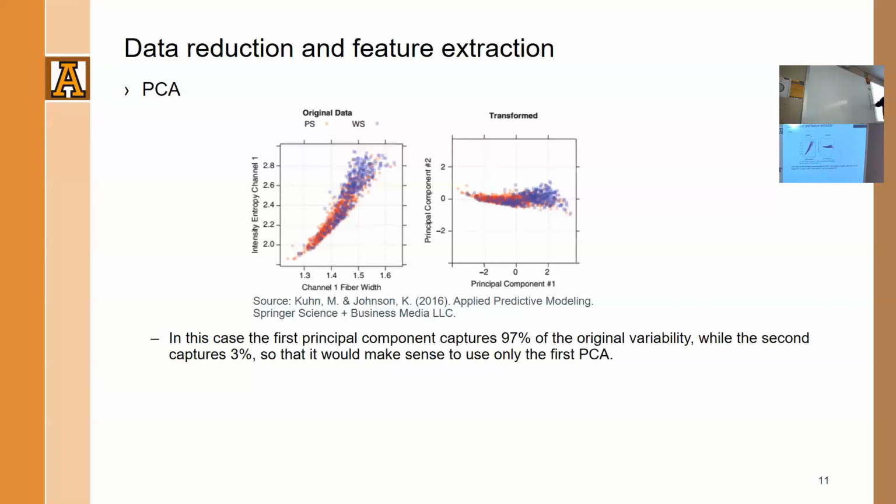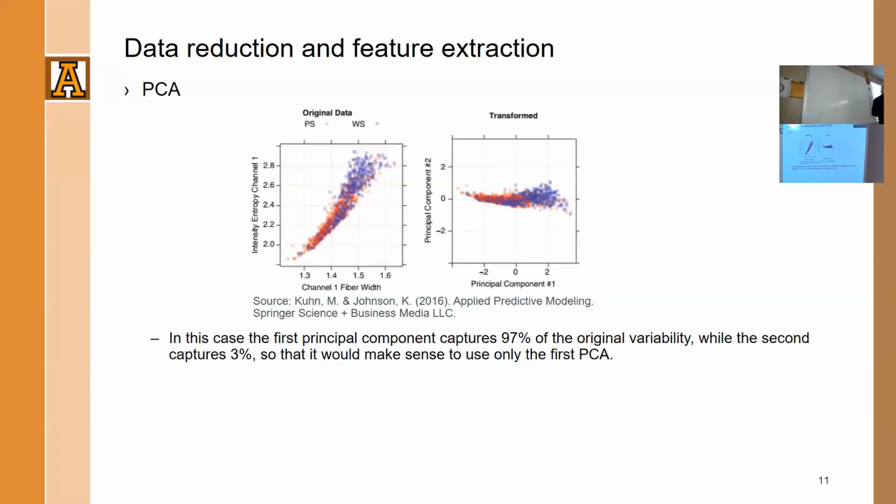For example, in this particular case, these are the well-segmented and poorly segmented cells, transformed with the principal components, the first and second principal components. So we may seem to see here that there may be some better separation with the principal components. It's not that clear that that's happening. But sometimes it's useful to do it.